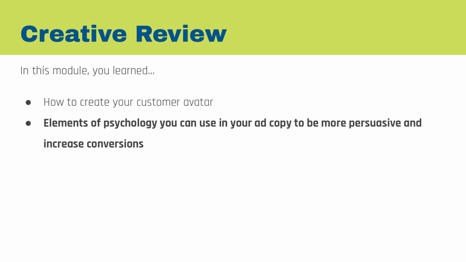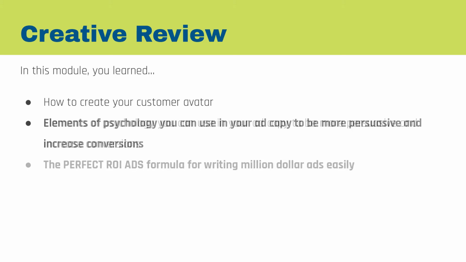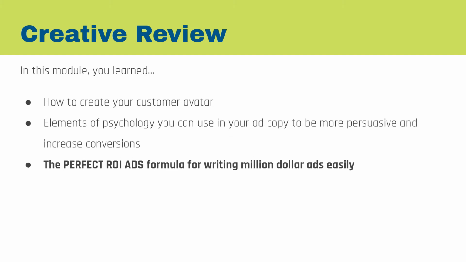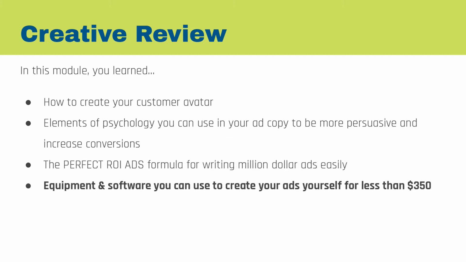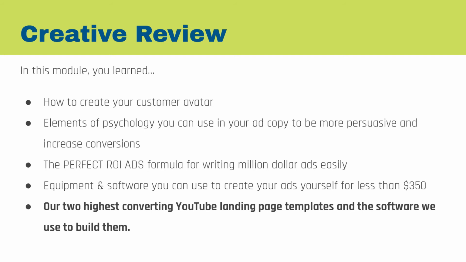You learned the elements of psychology you can use in your ad copy to be more persuasive and increase conversions, the perfect ROI ads formula for writing $1 million ads easily, and the equipment and software you can use to create your ads yourself for less than $350. And you learned our 2 highest converting YouTube landing page templates and the software that we use to build them.